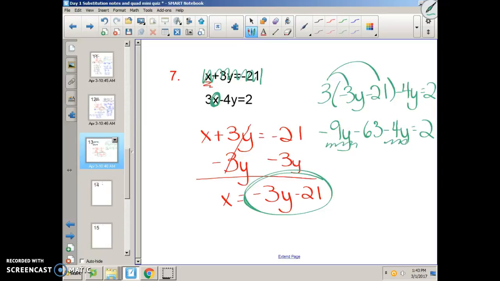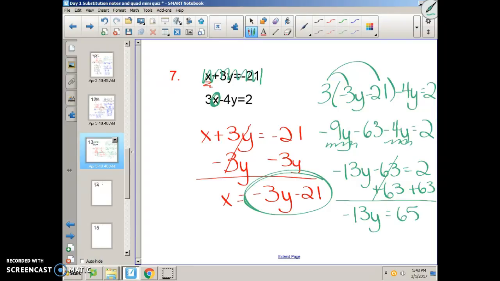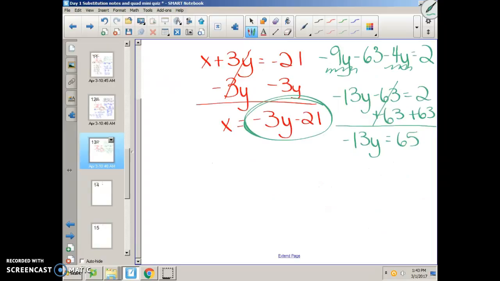Combine your like terms. -13y minus 63 equals 2. Add 63, add 63. -13y equals 65. I have to do a little mental math there. 13 goes into 65 5 times. And it's -5.